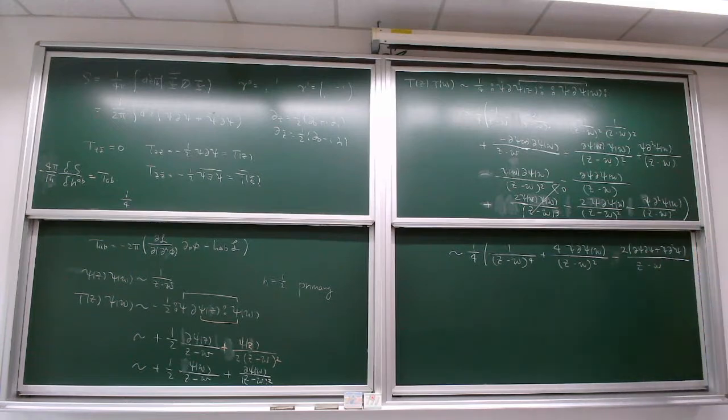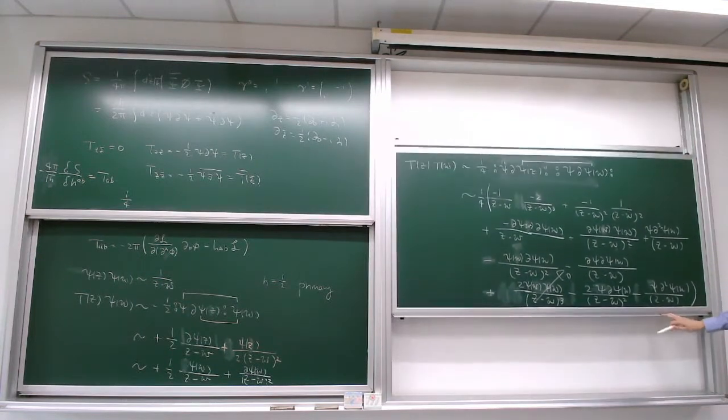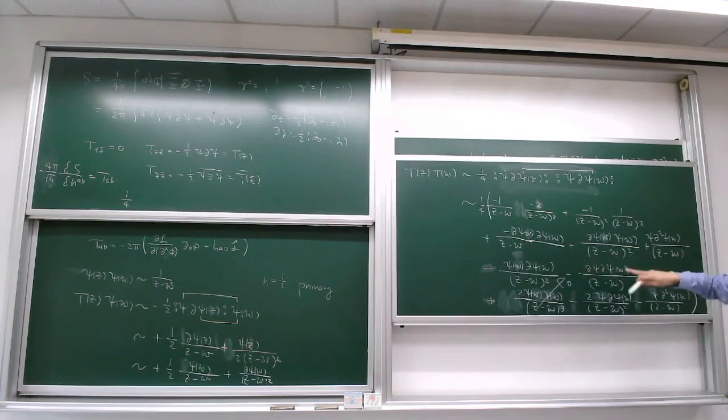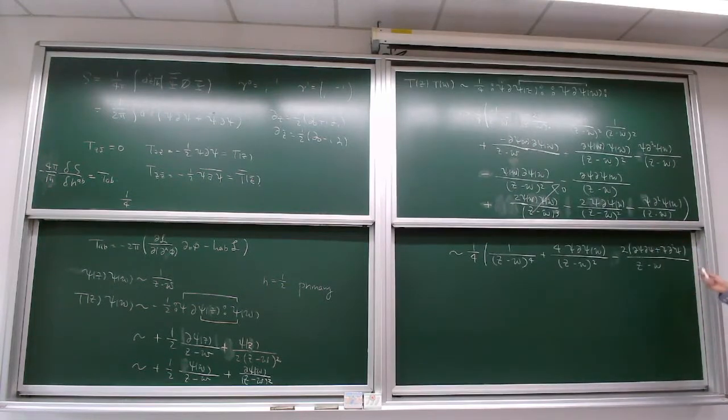Everything has a minus sign. Okay, so this is a collection. Since I take the derivative here and I just swap, I should get the minus sign here. Sorry. Okay, so this is the result.